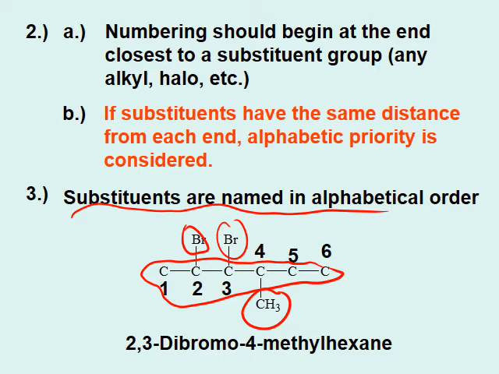In this case, at the second location you have Br, so that's why we started numbering from the left-hand side. So 2,3-dibromo, because both locations have bromo. Di means 2. Dibromo, then 4 is the location of the methyl group, hexane. You also see that we wrote bromo before methyl, B before M.